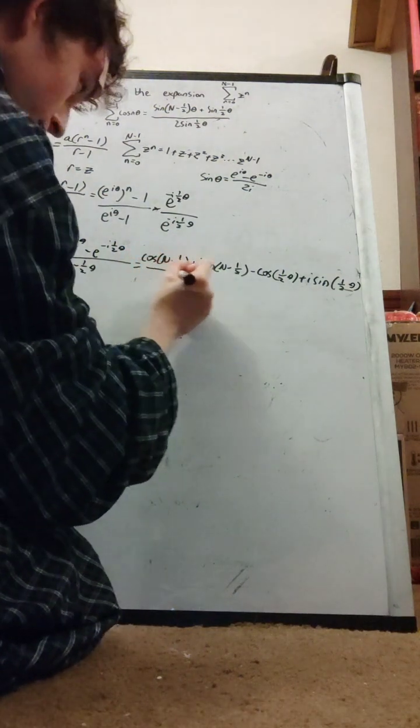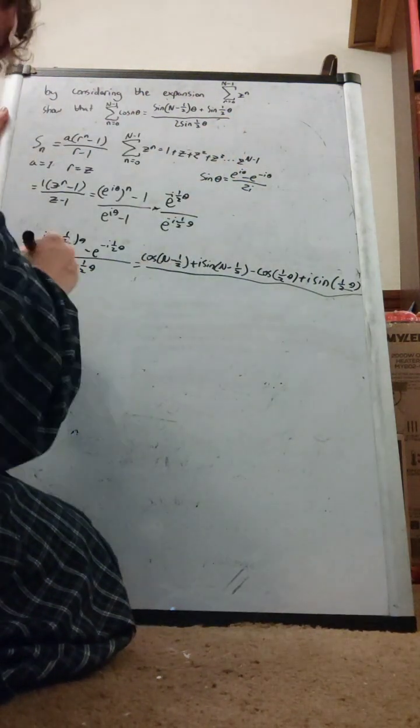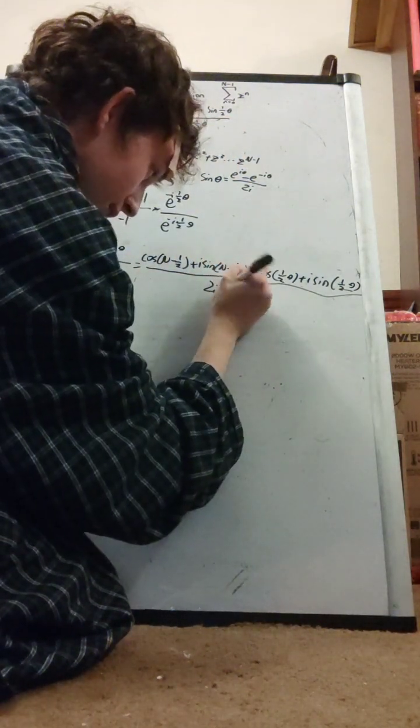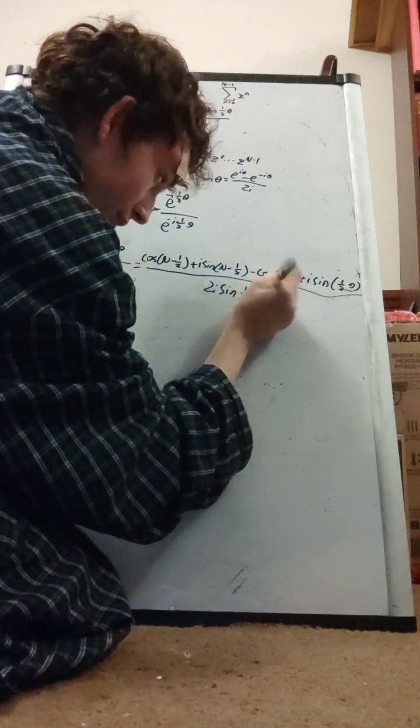And that's over, referring back to our sine identity there, this is just 2i sine a half theta.